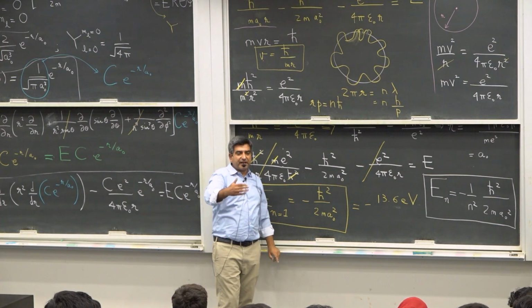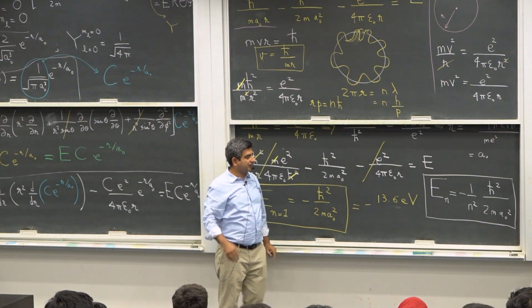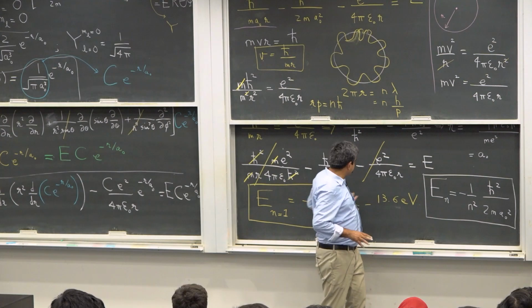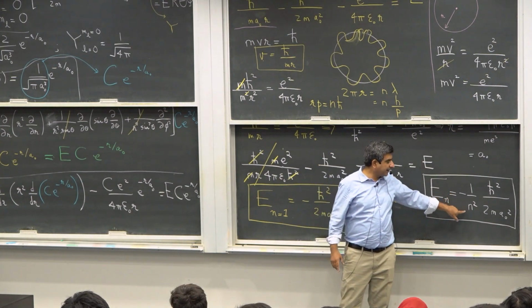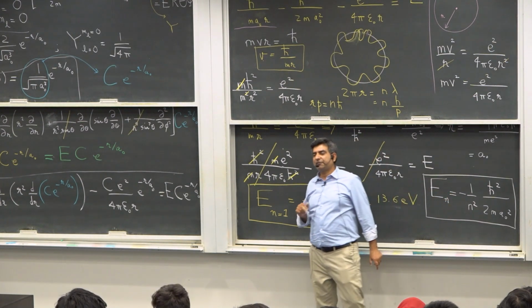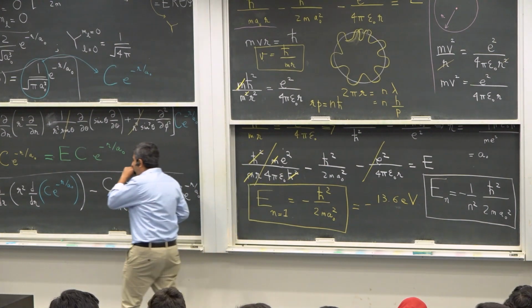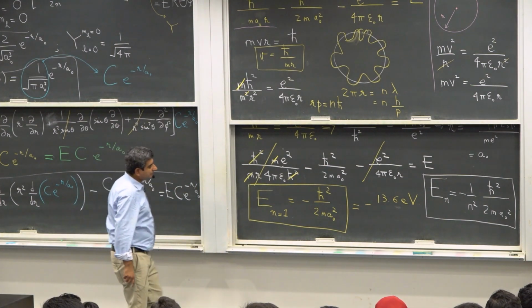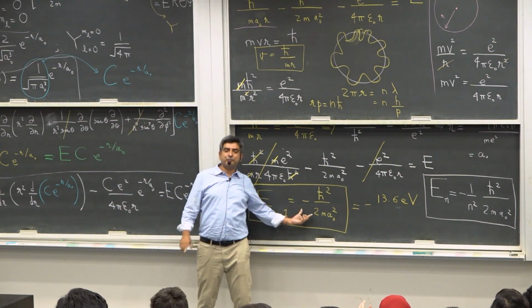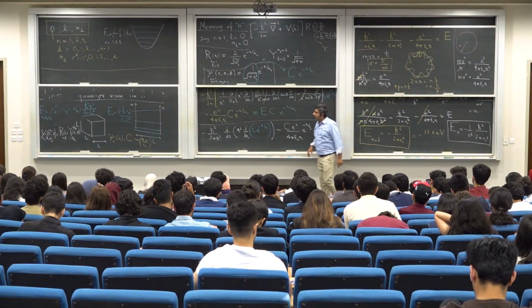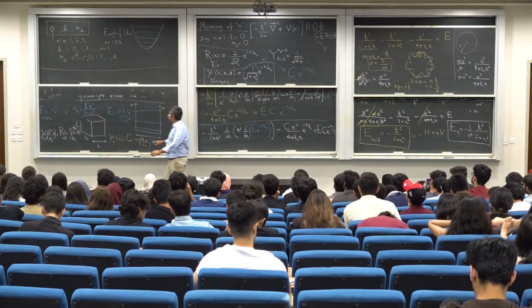Now if I were to repeat the calculation for higher wave functions, the only thing that's going to change is that this form preserves itself and I get an additional factor of 1 over n squared. By the way, do you notice the similarity between this expression and the expression that we have over here?